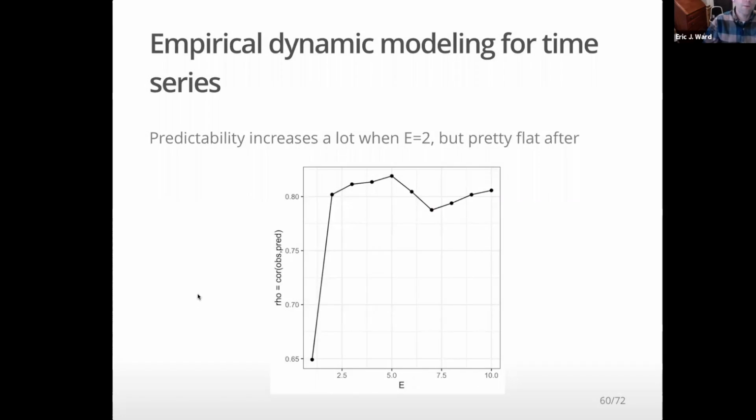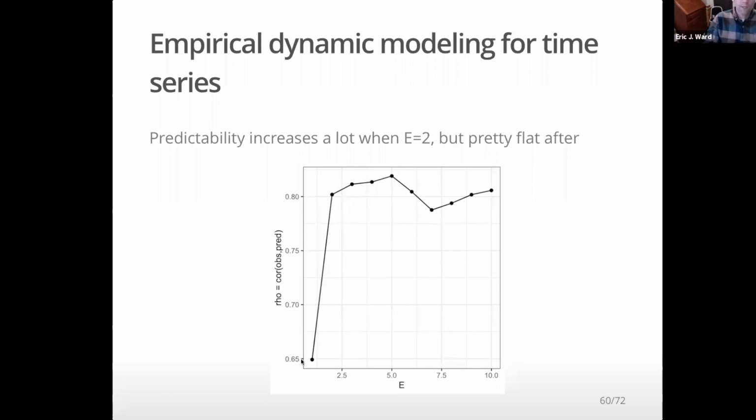So what we get out of that function call is essentially a data frame that contains one row for every embedding dimension, and then another attribute of that data frame is the correlation between our observed and predicted values. So as we march back in time and use different embedding dimensions, how useful are those embedding dimensions at making future predictions?